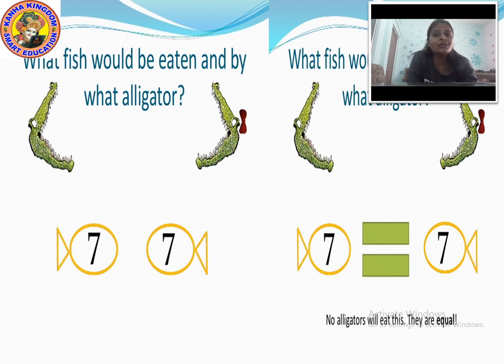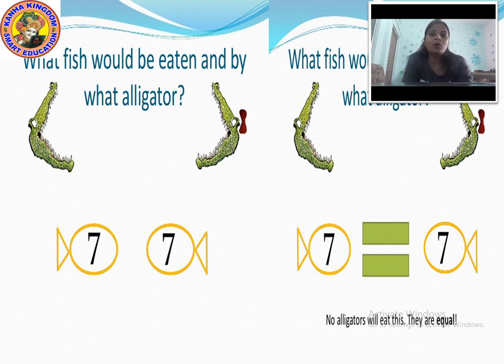And if both numbers are the same, then what will we say? We will say these are equal to. Here we will say 7 is equal to 7. Why? Because here no alligator will eat these numbers. They are the same. They are equal to. And alligator always eats the bigger number.